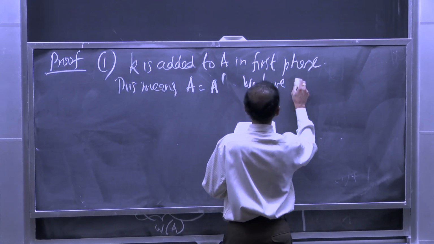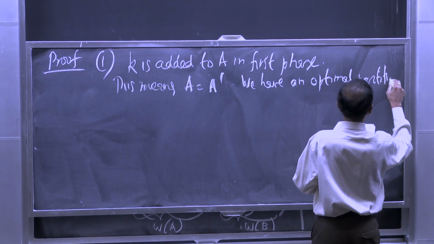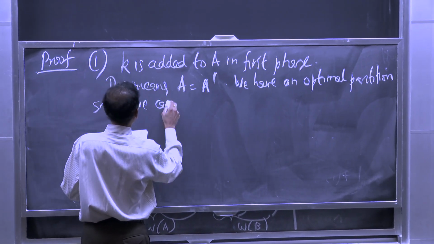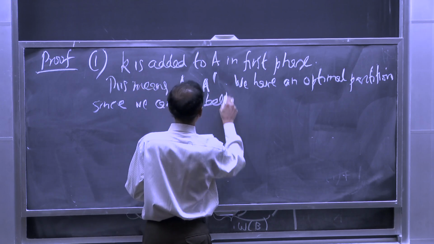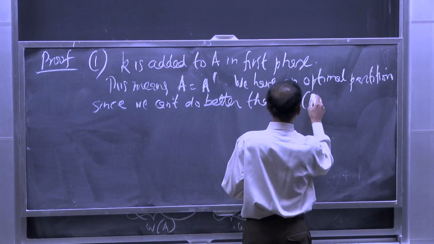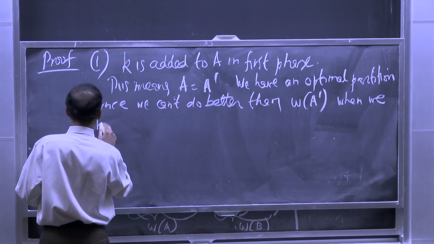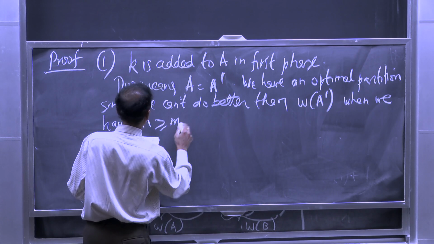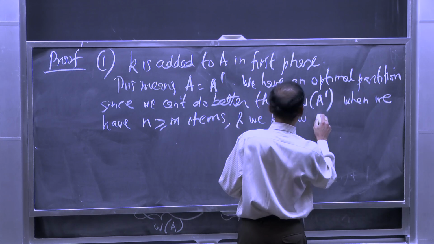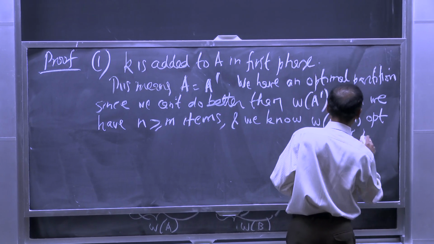We have an optimal partition, since we can't do better than WA prime when we have n greater than m items, and we know WA prime is optimal for the m items.